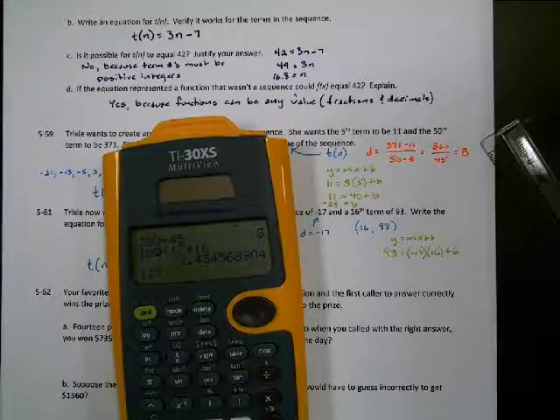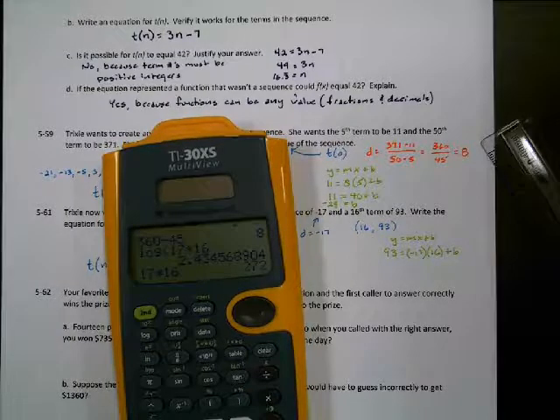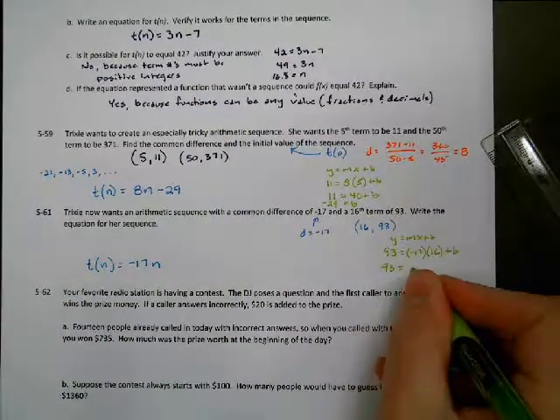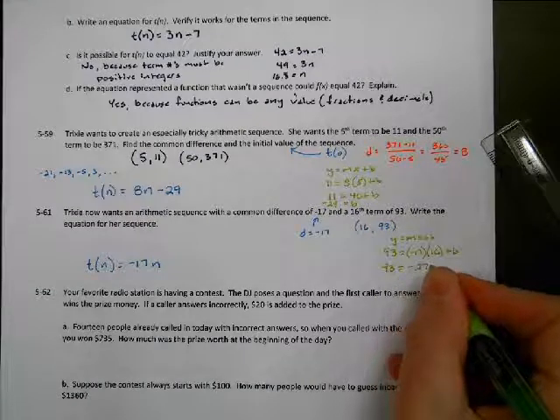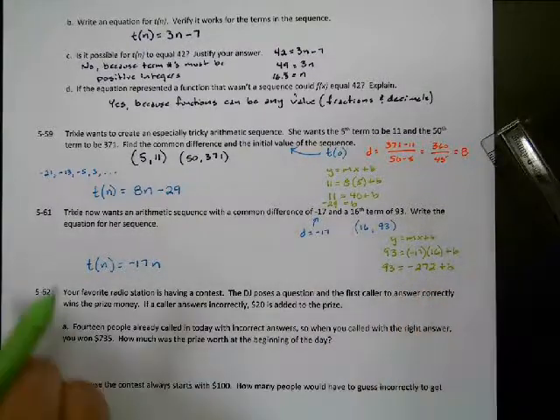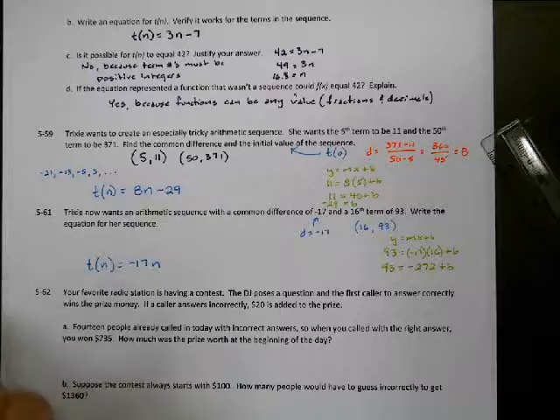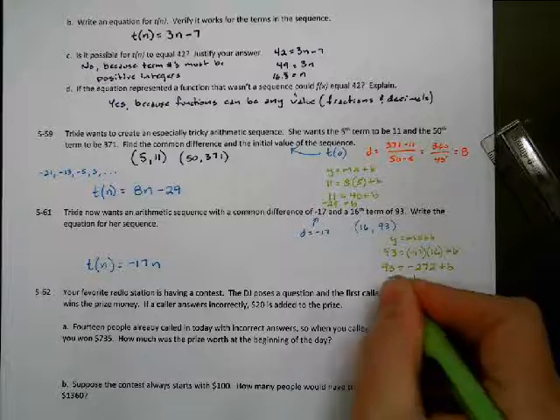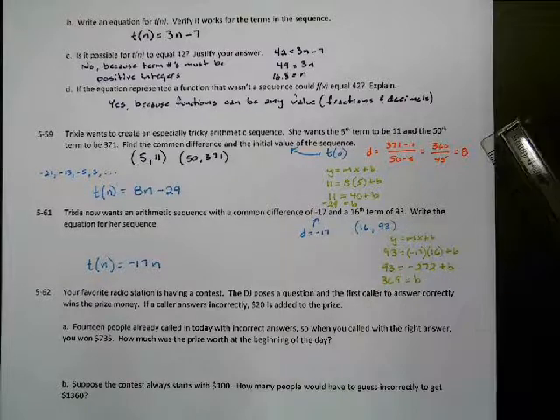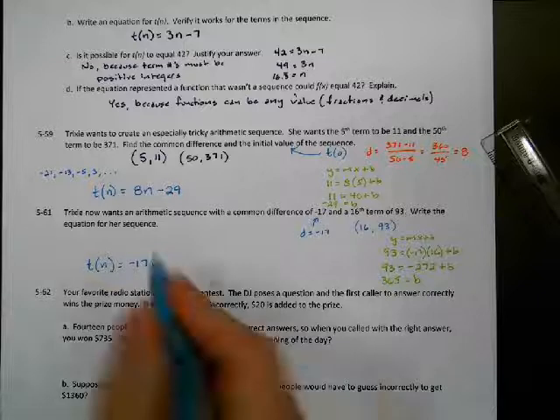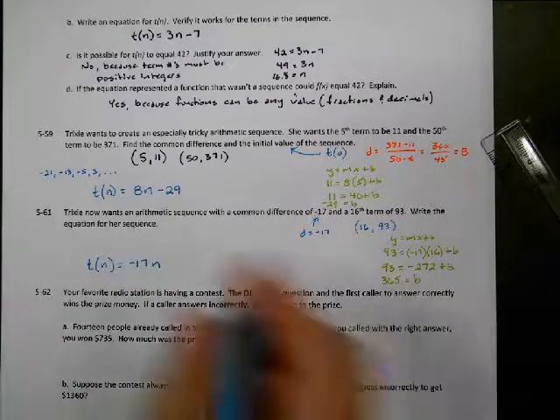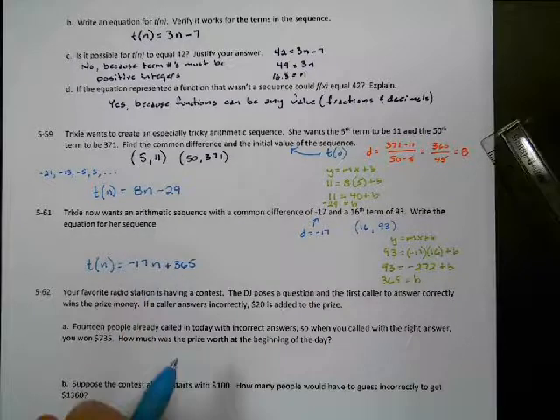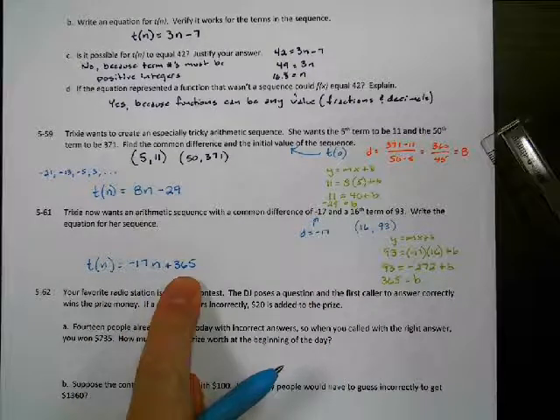So this is 93 equals negative 272 plus b. And then I'll add 272 to both sides, and I get 365. So my 0th term is 365. So is that the first term in the sequence? No. The first term would be 365 minus 17, and then that would be the first term in the sequence.